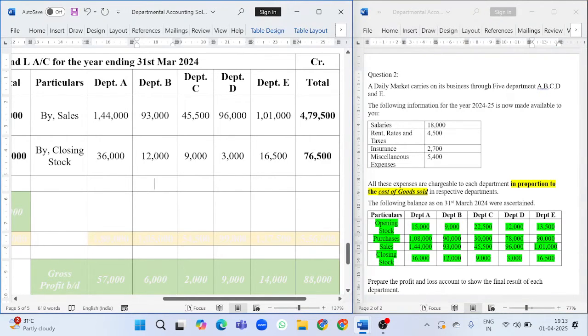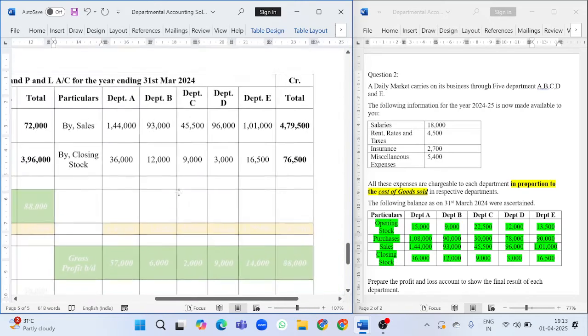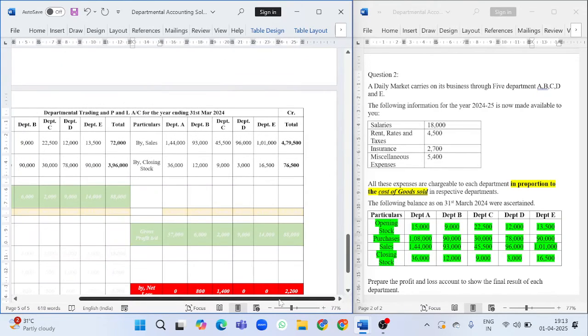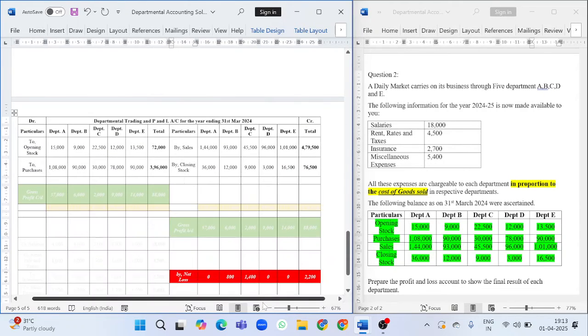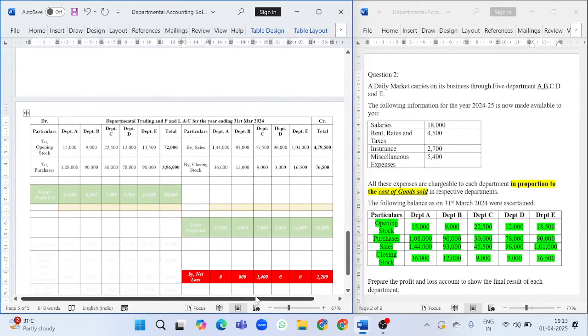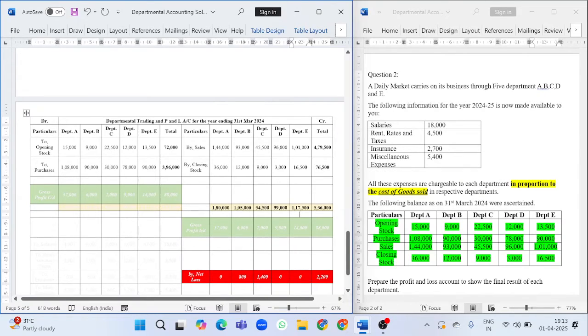So now let us close the trading account. Let us do the totaling, and now take your calculators and check which side of the account you are getting the highest balance. I think on the credit side we are getting the highest balance, so you also calculate once.